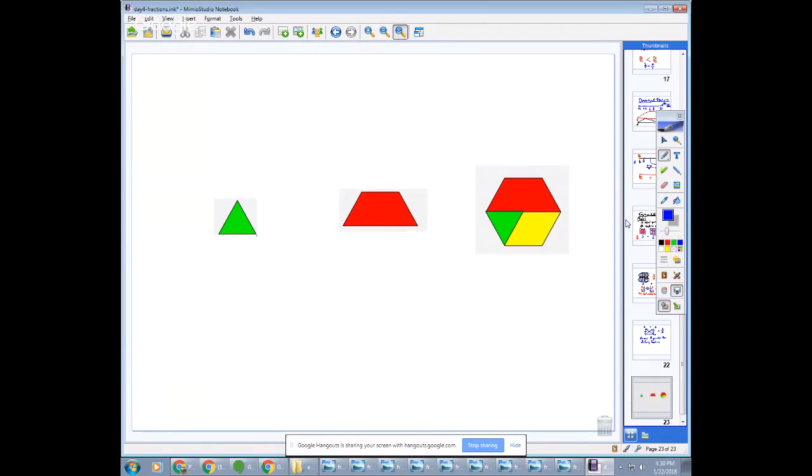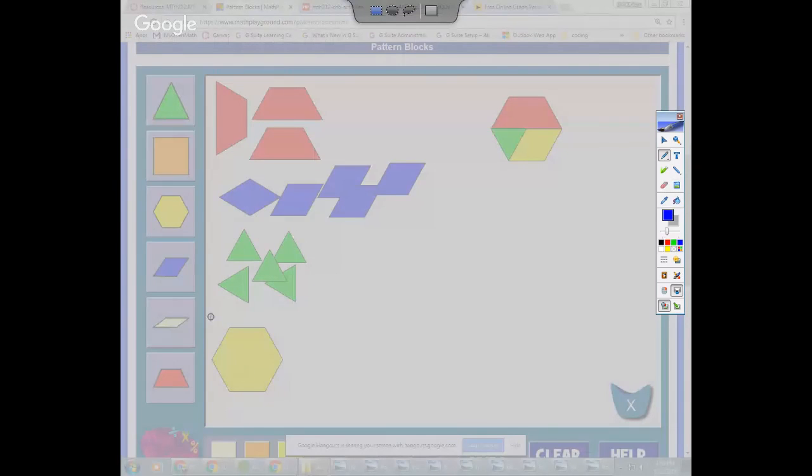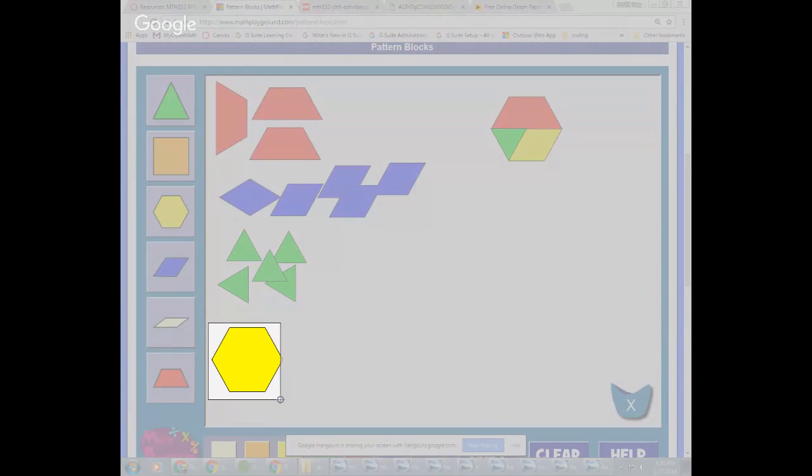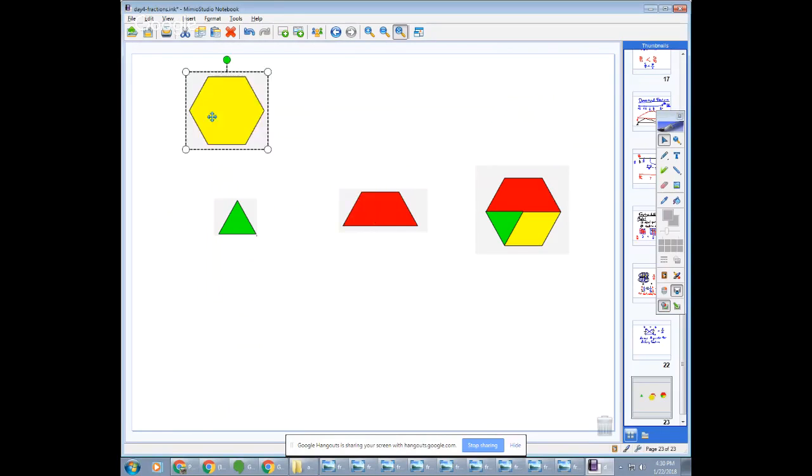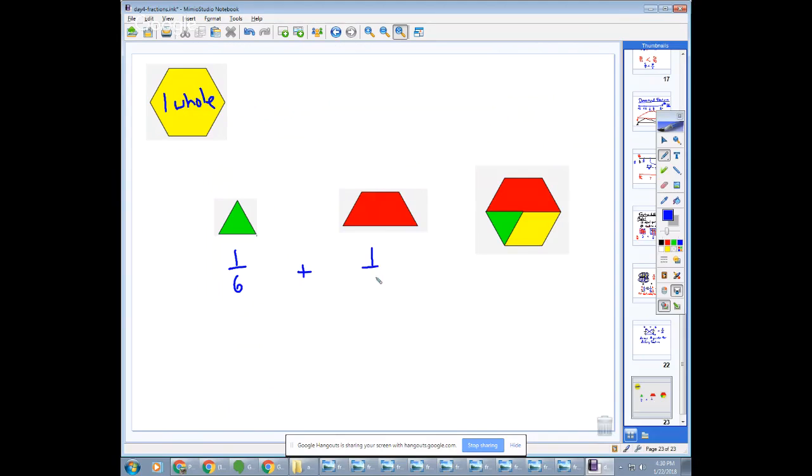So, oops, I guess I should have a yellow one in here too. So a key is important when you're doing this with kids to keep track of what a whole is. So up here I should make a note that this is one whole. And so here I have 1/6 plus 1/2.